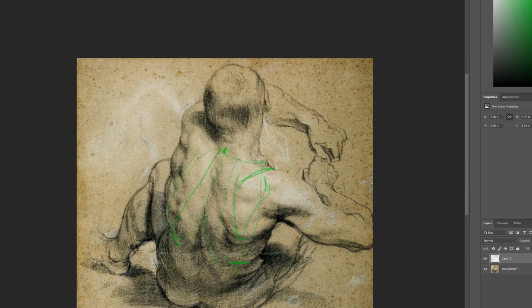So now I start to find my scapulas. Can I connect that to my clavicles through here? But at this point, I'm learning something by trying to find the bones.